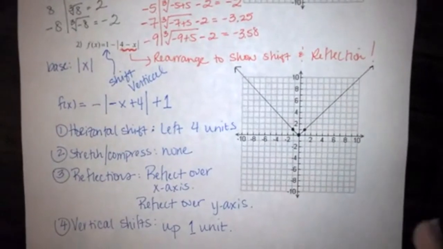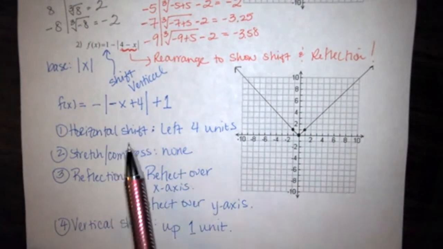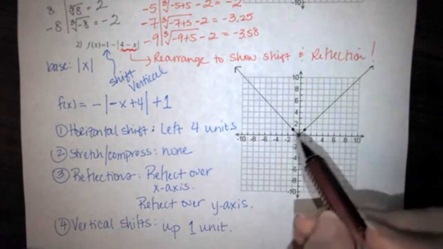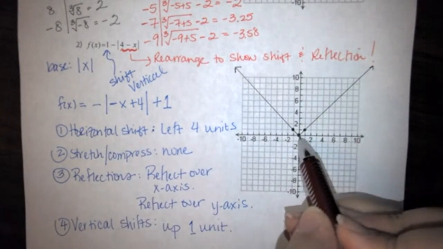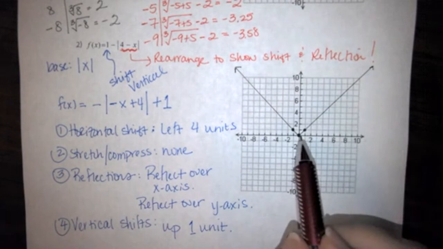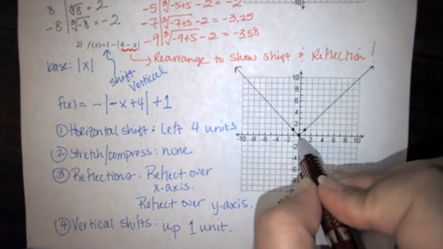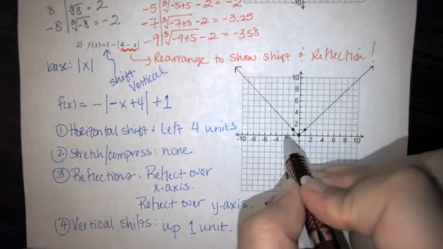And now, in this case, we need to figure out where the end result is going to be. The first thing that has to happen is we have to shift left 4 units. Taking this first point that we started with, it has to move to the left 4 units. So 1, 2, 3, 4.